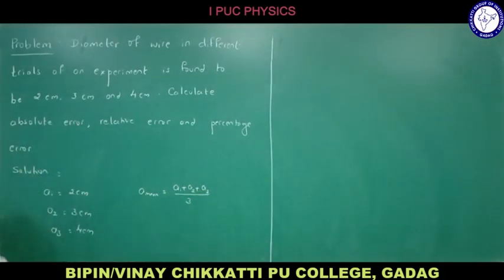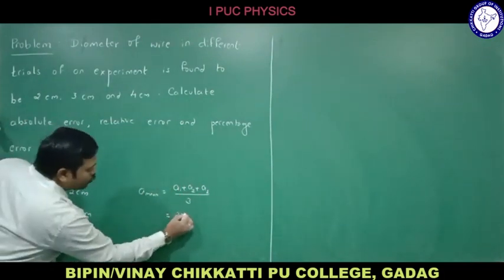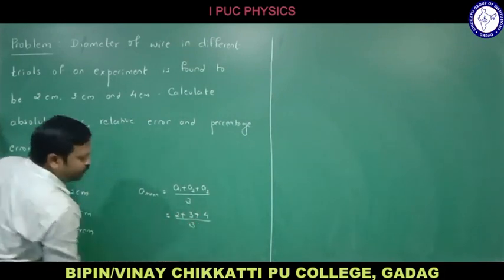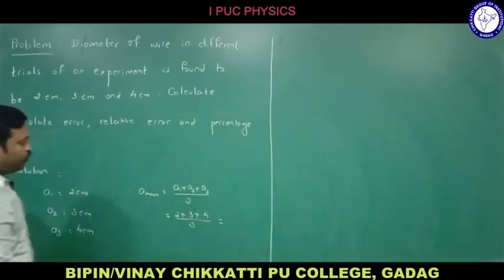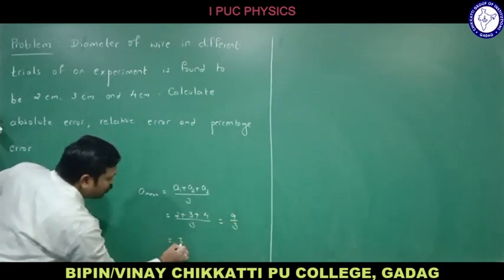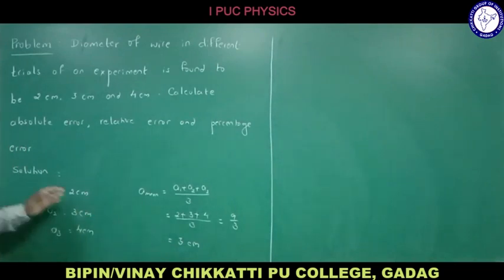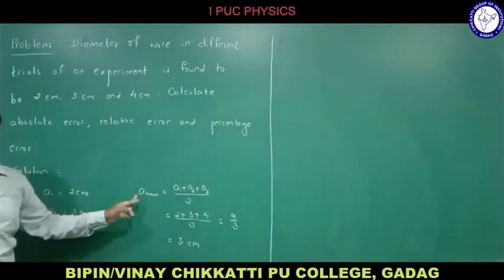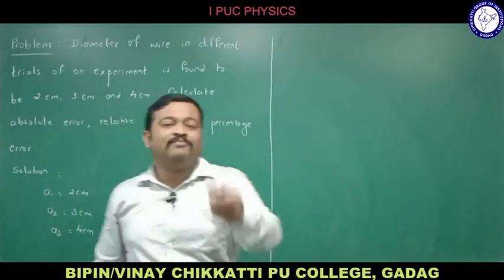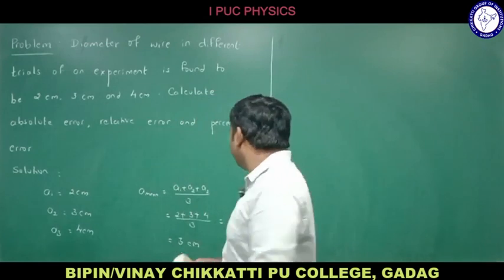That is 2 plus 3 plus 4 divided by 3. 2 plus 3 plus 4 is 9, and 9 divided by 3 gives 3. A mean is 3 centimeter. Whenever you take the trials more than one time, the first step you need to follow is take its average, A mean.